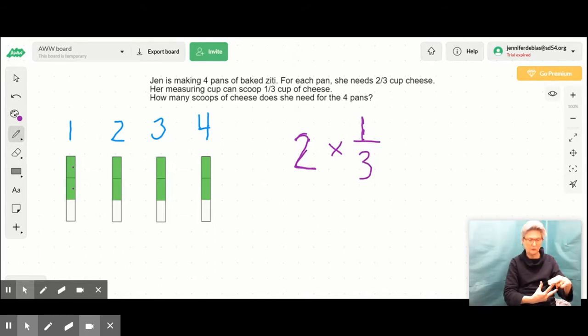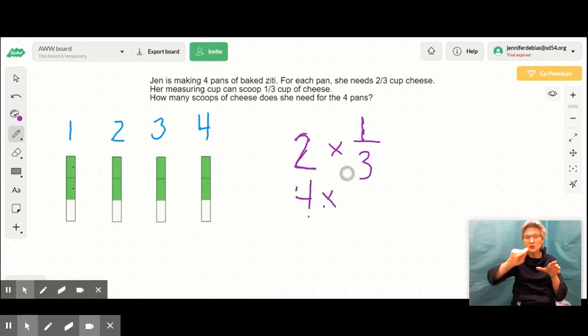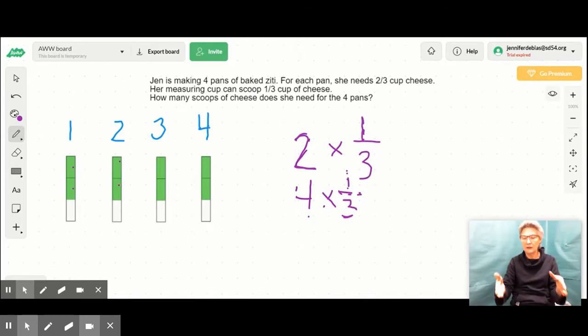Well, now if I look at pan number 1 and pan number 2, I'm going to just keep going with this pattern. I know that she would need 4 scoops of 1/3, right? Because you'll see that I have 4 parts that are each 1/3. So I'm going to put the dot there because I counted those already for pan 2. Now I'm going to move on to pan 3. And I know that my total here, now I have 6 1/3 parts.